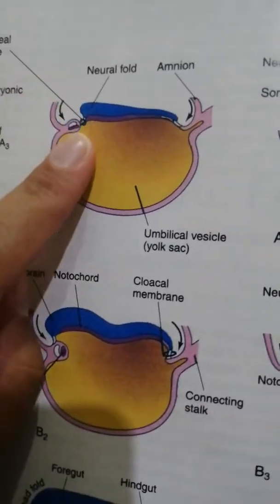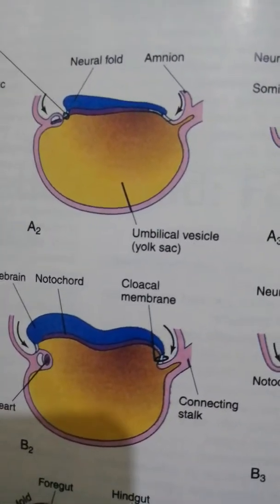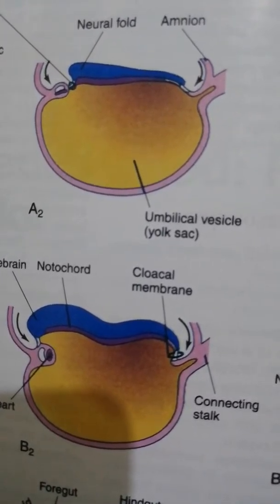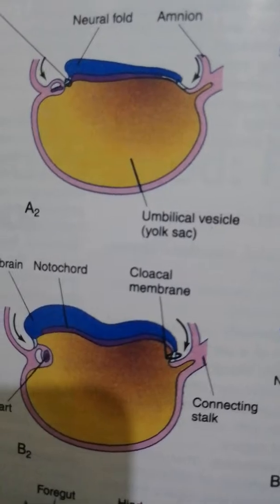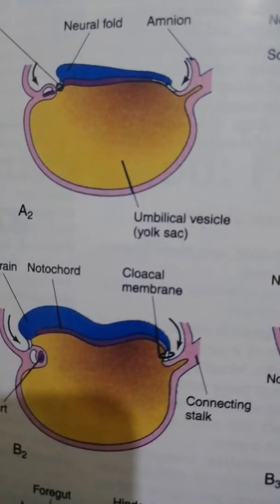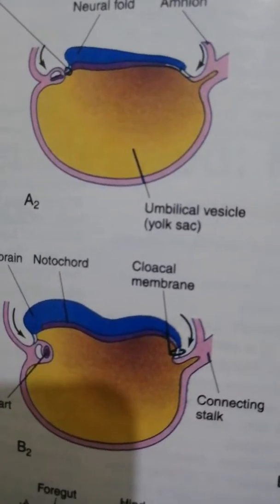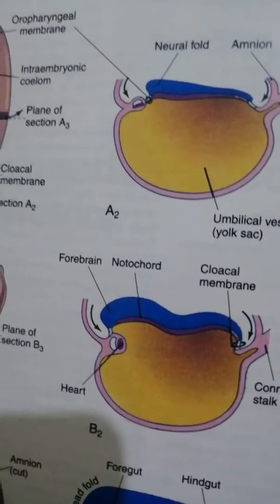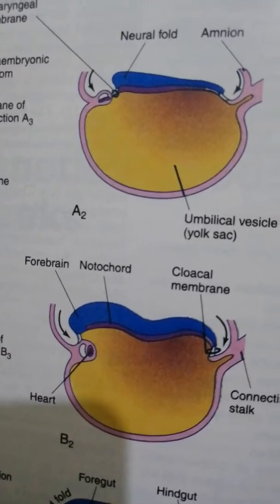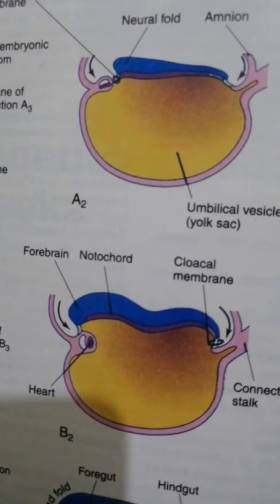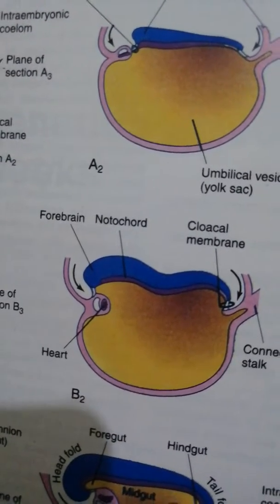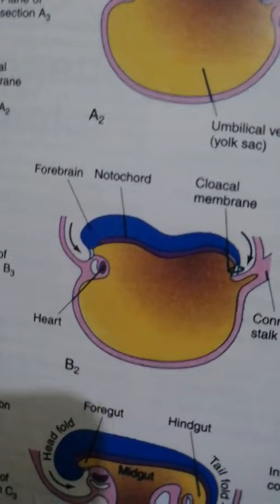Initially, the oropharyngeal membrane was cranial to the developing brain, but because the developing brain grew cranially very rapidly, it ended up exceeding the oropharyngeal membrane, and because of this, it also ended up overhanging the primordial heart, the septum transversum, the pericardial coelom, etc. And because of that, the developing brain was now cranial to these structures, whereas before it was caudal to them.